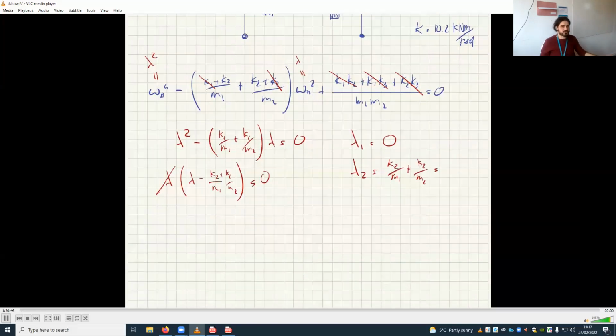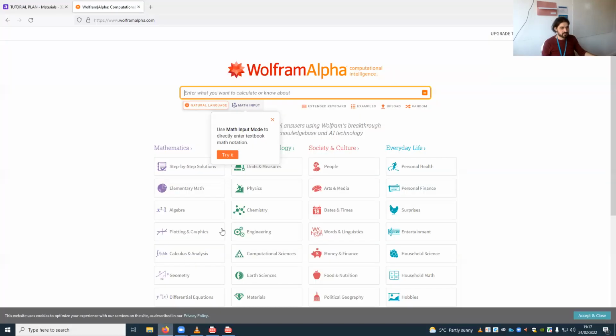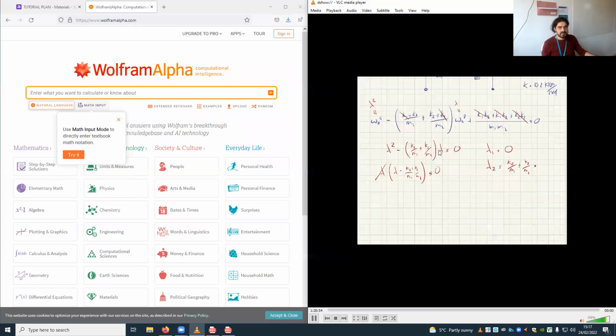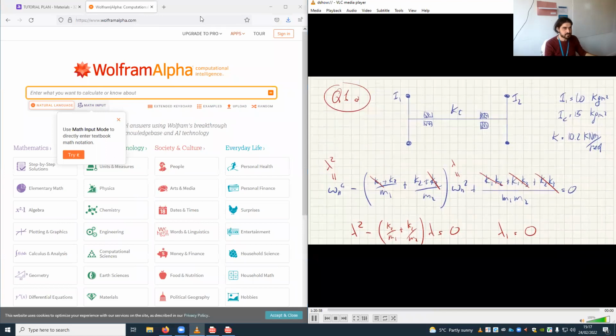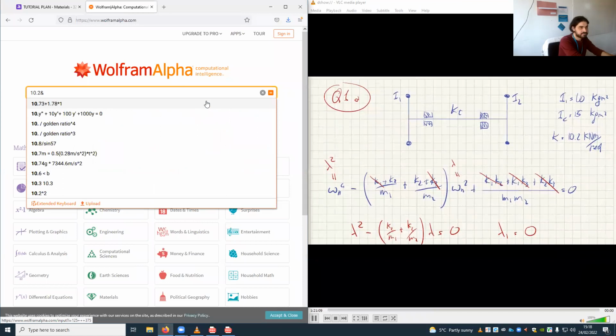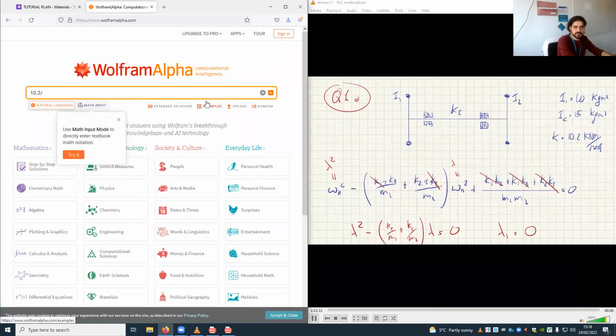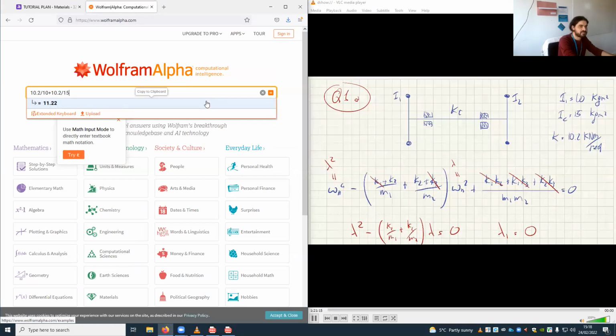And this corresponds to a lambda of, let me do the calculation with Wolfram Alpha. This is 10.2 divided by 10 plus 10.2 divided by 15.